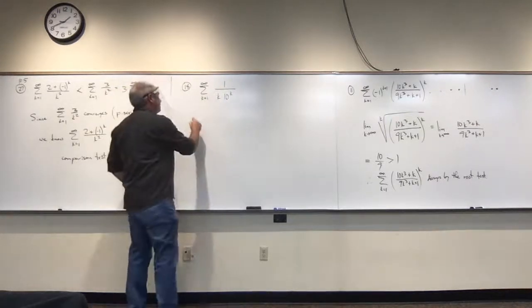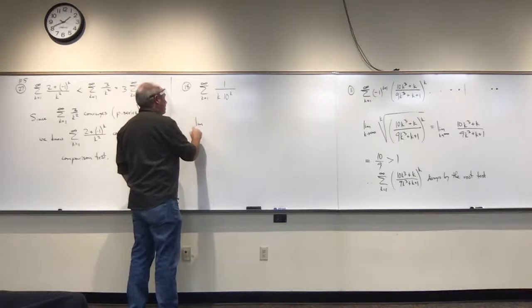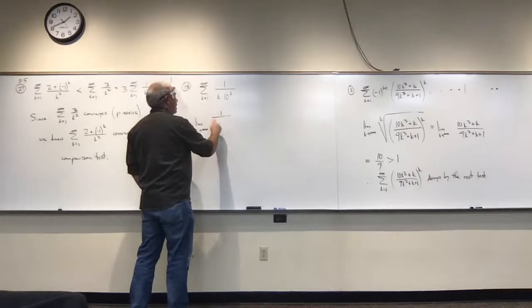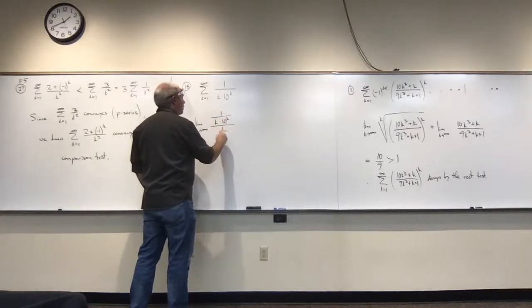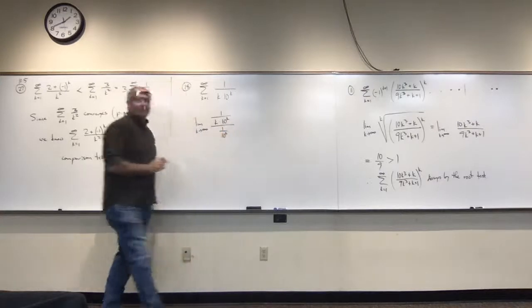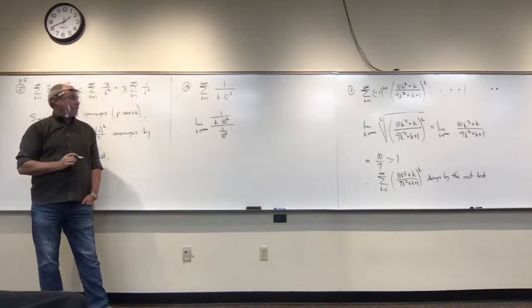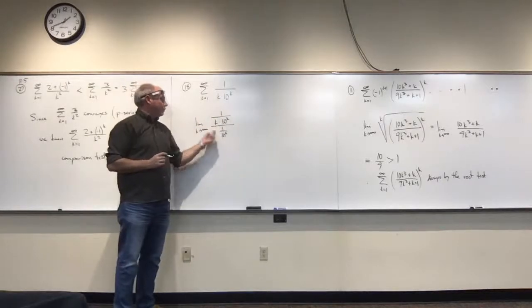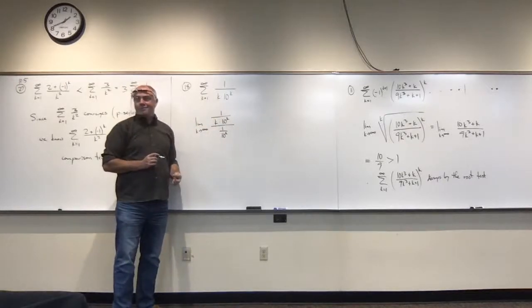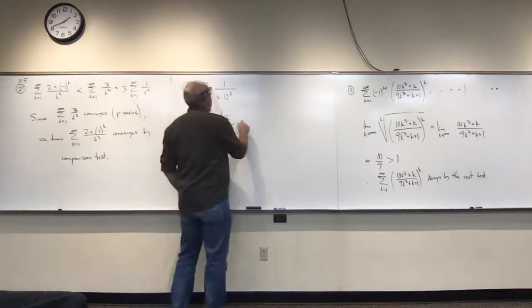So let's do a limit comparison test where we say the limit as k goes to infinity of 1 over k times 10 to the k, divided by 1 over 10 to the k. We're asking, does this thing behave like 1 over 10 to the k? Let's flip and multiply.